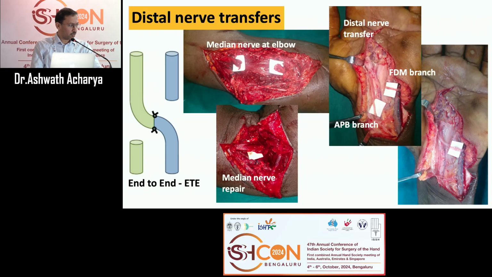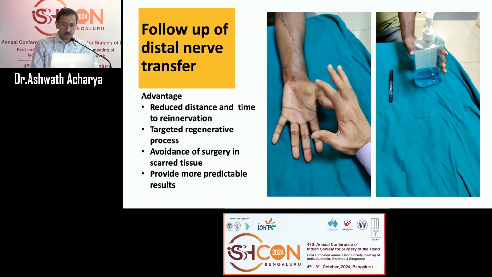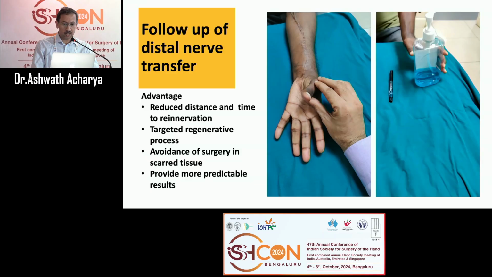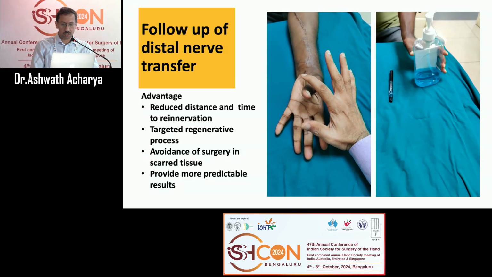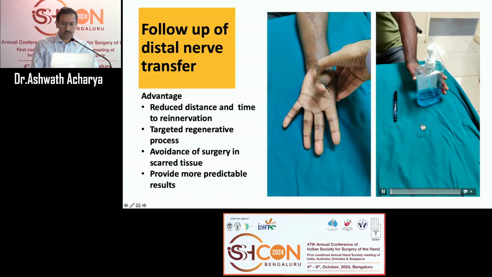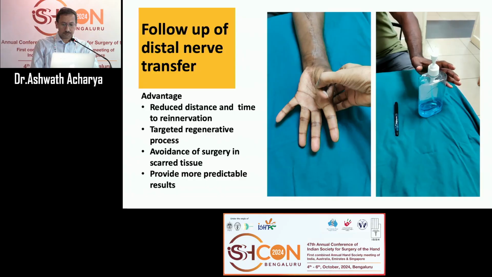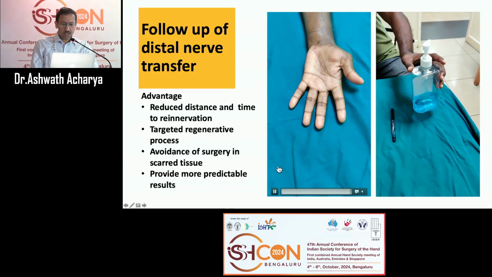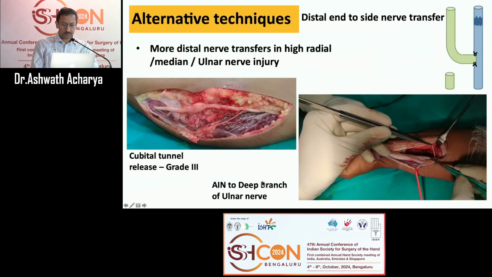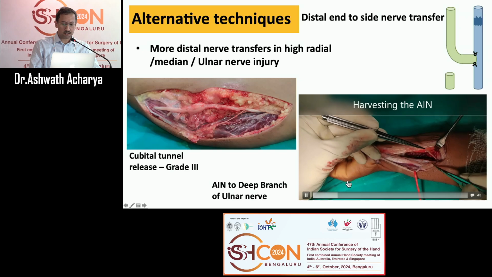For example, this is one median nerve injury where the ulnar nerve distal branch is transferred to the thumb. Within 5 months we can get fairly good results for a very high proximal injury. The patient has very good abduction, APB restoration. Now, the same thing can be applied for end-to-side anastomosis also. So here is one example of the AIN transfers.